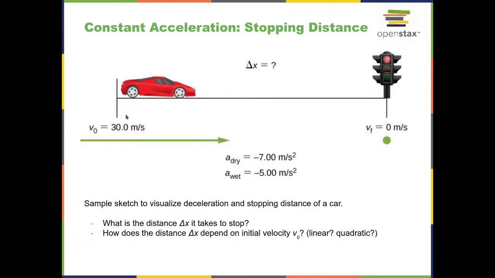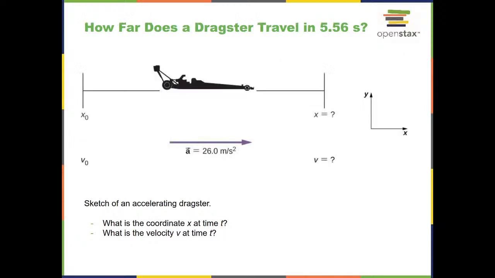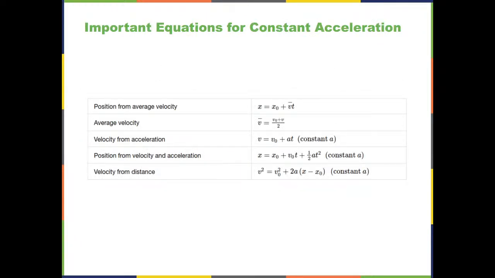So what's the formula we would want to use for this? Which one of these formulas would we want to use? We're not interested in the time. We're not going to need to calculate the time. So is there a formula that allows us to avoid calculating the time? So indeed, some of you are pointing already to this formula here. It's the last one.